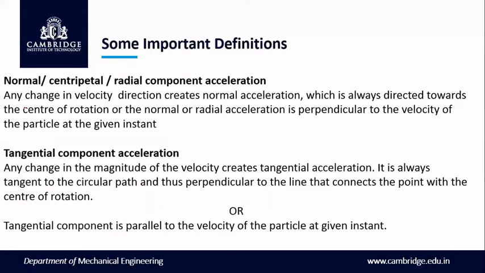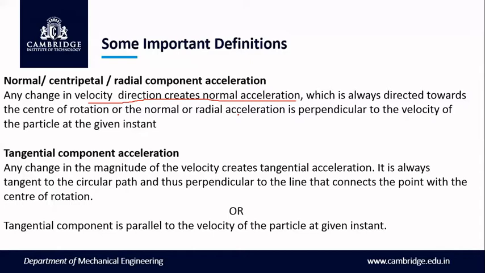The normal component acceleration can be defined like this: any change in velocity direction creates normal acceleration, which is always directed towards the center. Assume a body is rotating about a fixed point.